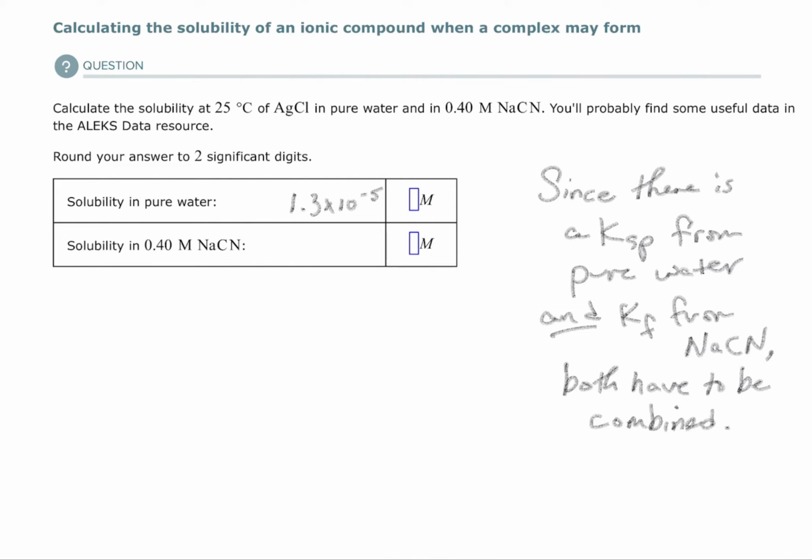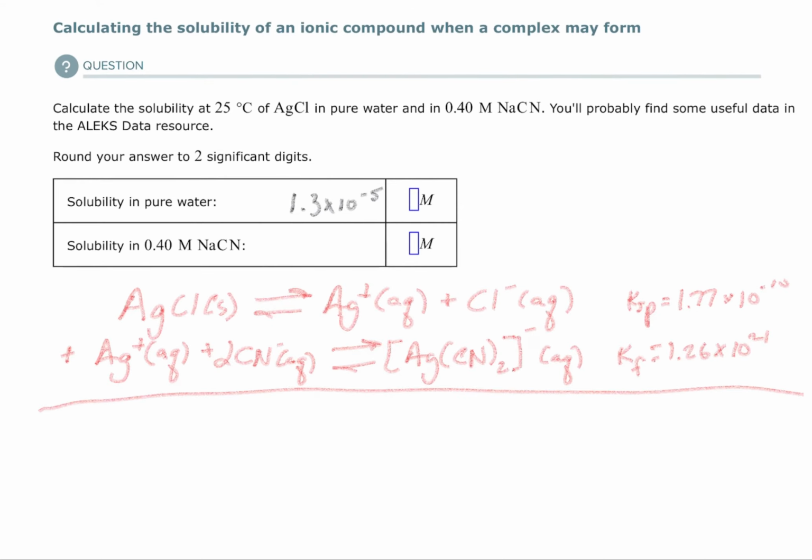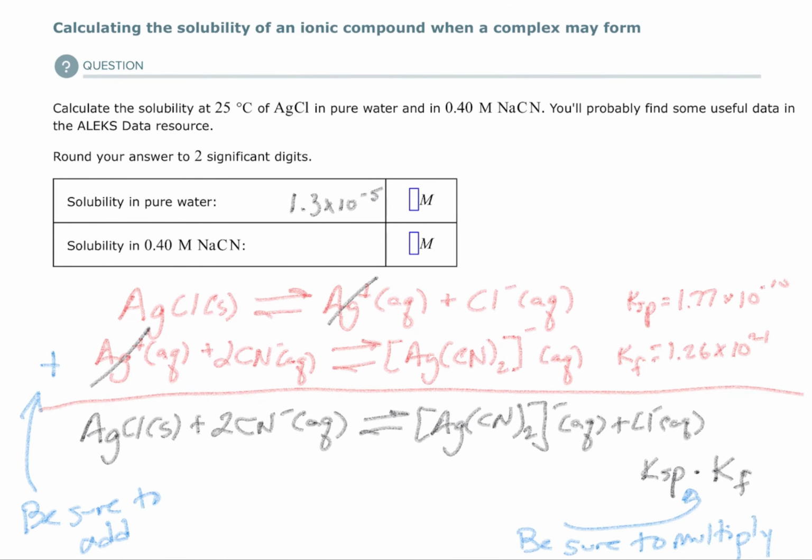That makes this a headache of a problem, because you actually have to deal with two constants at the same time. So I'm going to add the reactions together. I see that I've got silver on both sides, so I can strike the silver from both sides and then add them together. You add the left to the left, then have the arrows, and the right to the right, and then write everything down.